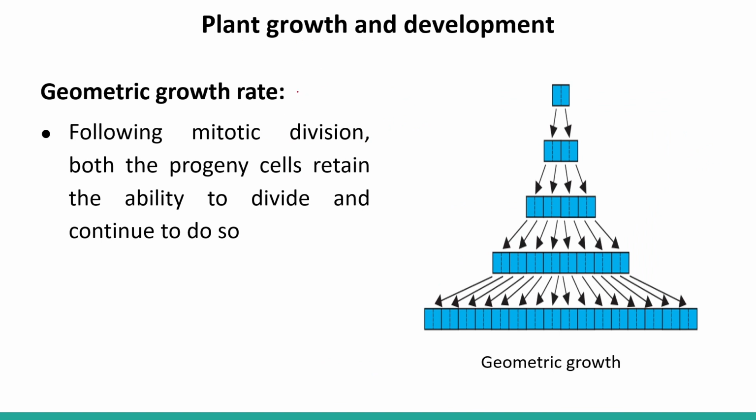Now let's talk about the geometric growth rate. Geometric growth rate, what happens? If there were 2 cells initially, both will divide. So this cell has divided into 2. This cell again has divided into 2. And again, this cell will divide into 2, and it will go on and on.